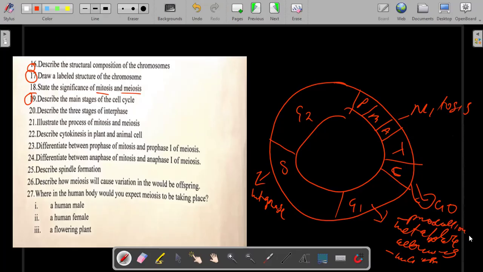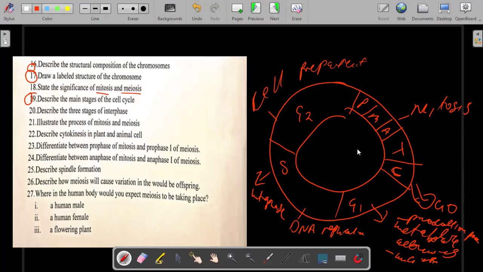Then you are going to have the S phase, where we have DNA replication. Then you have the G2, the second cell growth, where the cell will start preparing itself to undergo cell division.